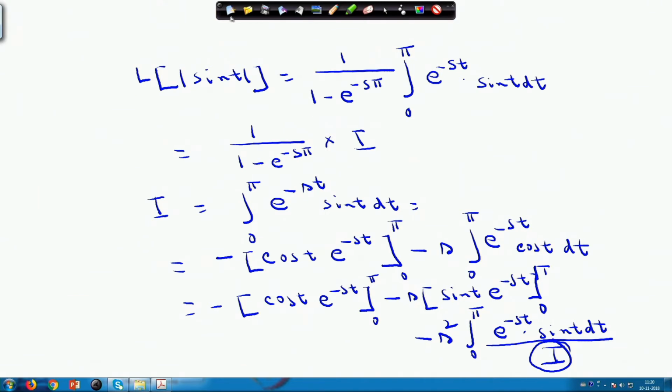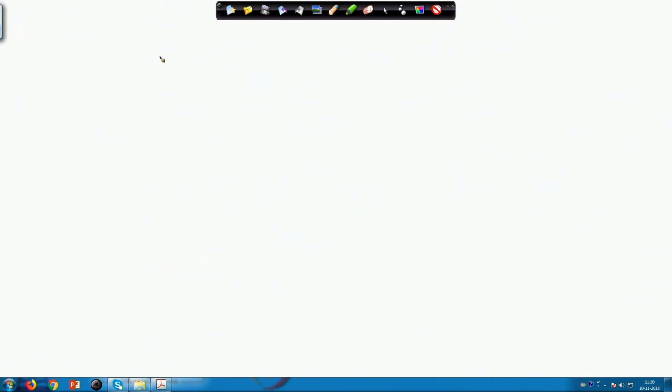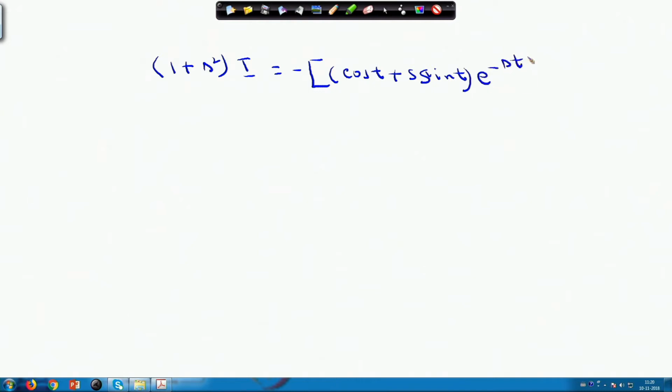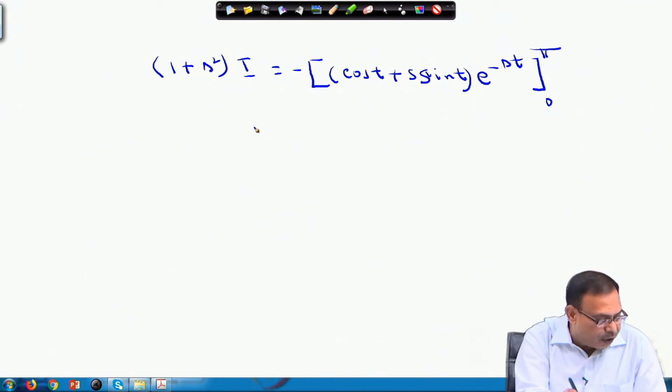In the next step we can write 1 plus s squared into I equals minus (cos t plus s sin t) e^(-st) from 0 to pi. Putting in the limits, you will get e^(-s pi) plus 1.